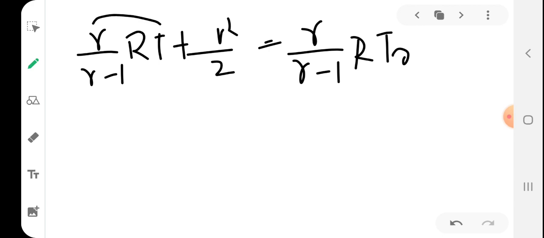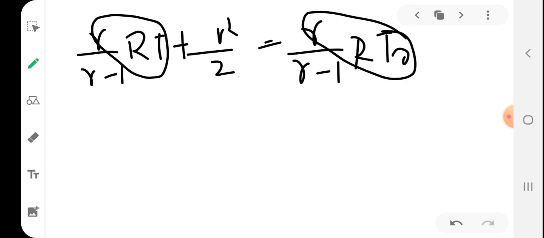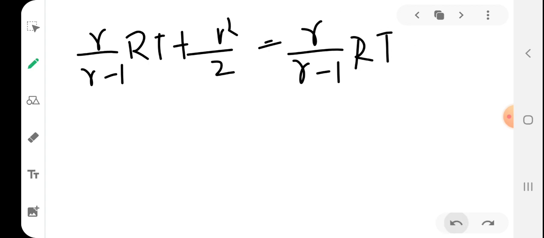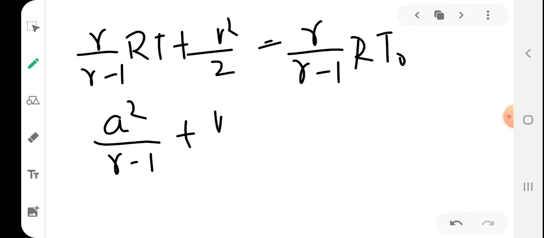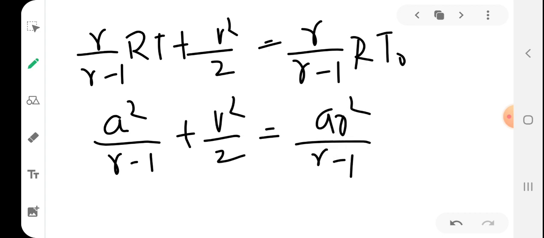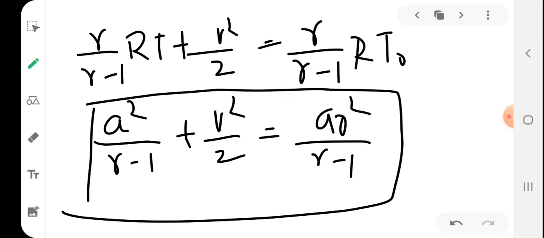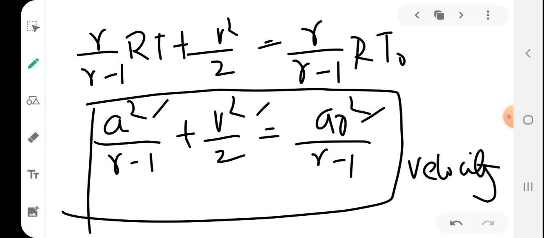So what is this gamma RT? That gamma RT and gamma RT0 will be a square by gamma minus 1 plus V square by 2 equal to a0 square by gamma minus 1. So this form is nothing but the kinetic form, because here only velocity terms are there, velocity of sound and flow.